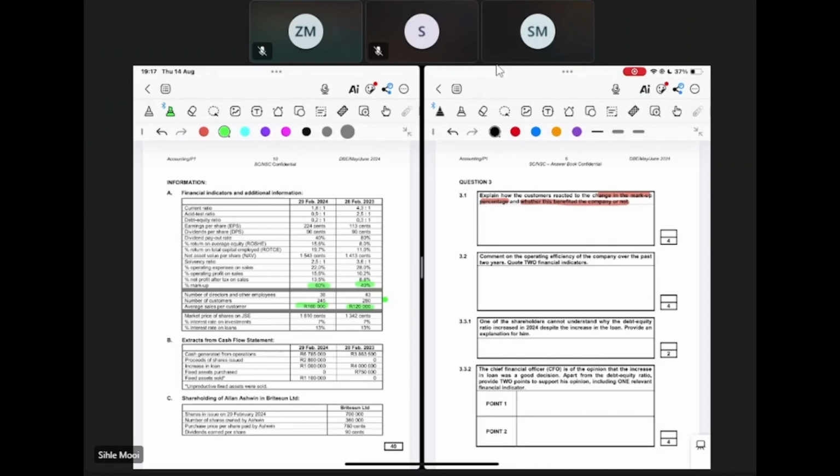Comment on the operating efficiency of the company over the past 2 years. Code 2 financial indicators. What financial indicators can we use there?